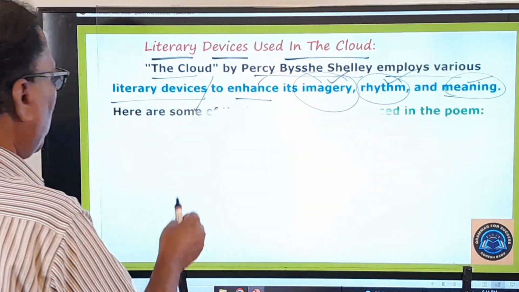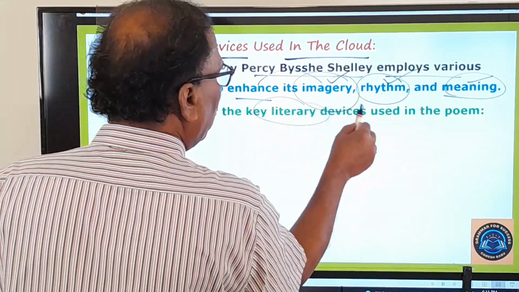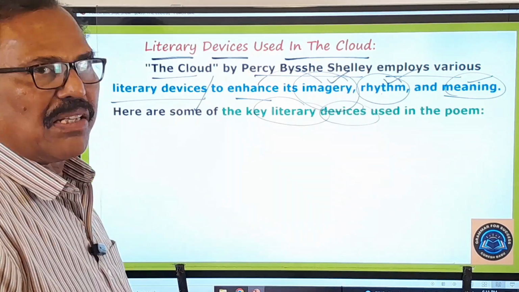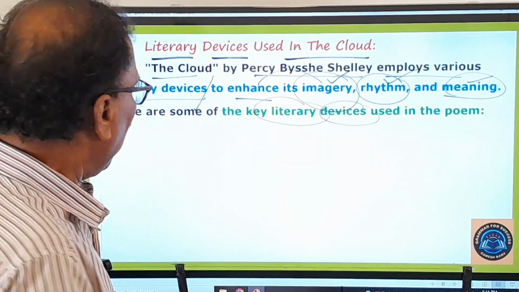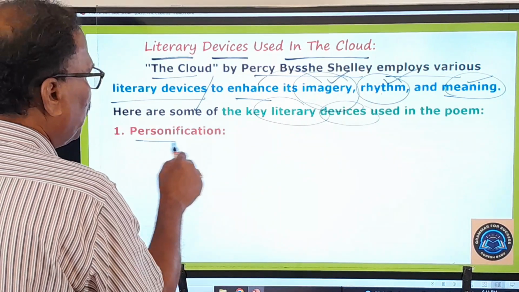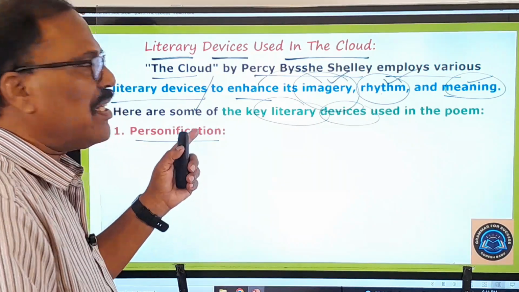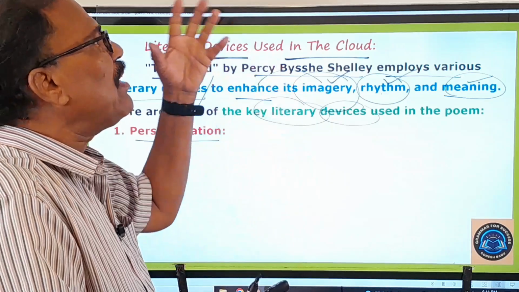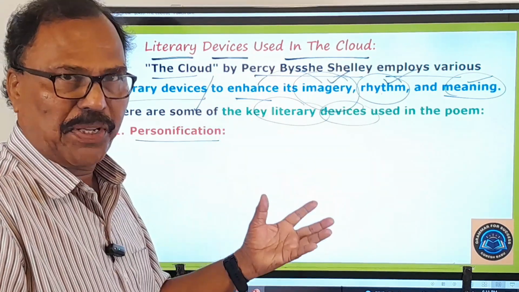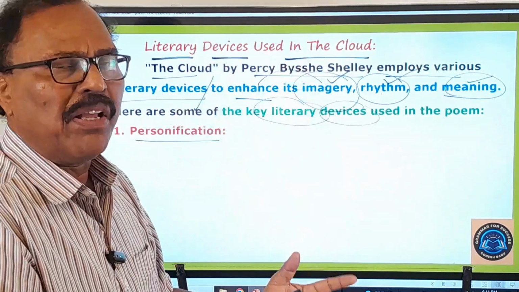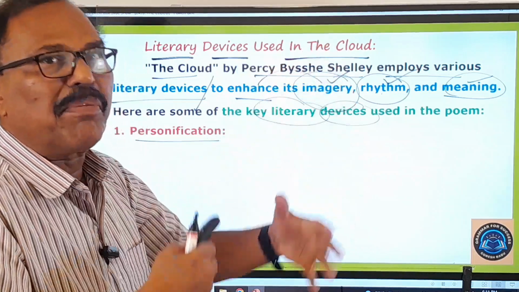Here you pay attention. Here are some of the key literary devices. The first one is personification. Personification is the predominant literary device used in this poem, because throughout the poem, the cloud has been personified.